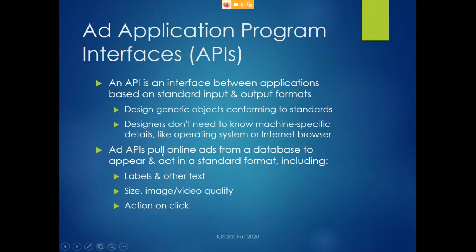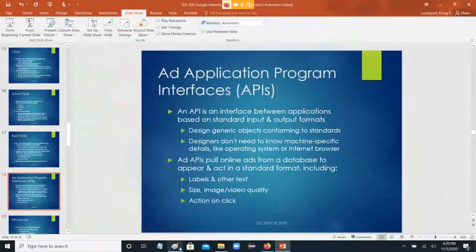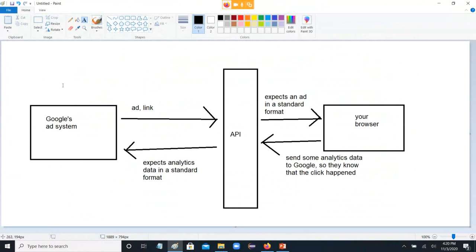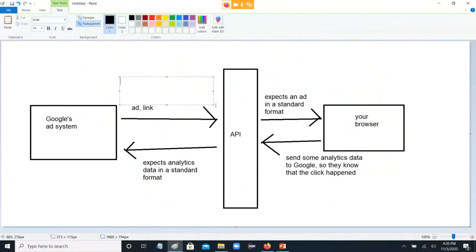So there's a standard set of data around an ad. The ad could include simply a link to a file, but that data's got to be pulled from somewhere. So at the very least, it needs a source link, right? Where to find this in Google servers, pixel size, probably a duration, right?